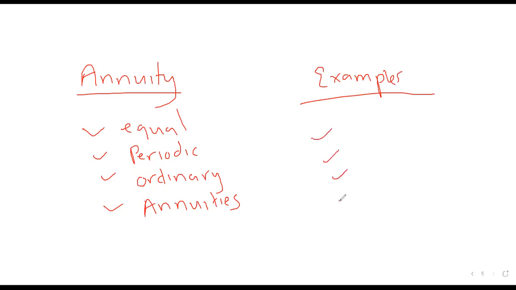What other examples do you know of regular payments? Retirement payments, insurance, school fees. These ones are ideally supposed to be made in regular payments. Whenever it's paid at the beginning of the period, it's called an annuity due. At the end of the period, it's called an ordinary annuity.